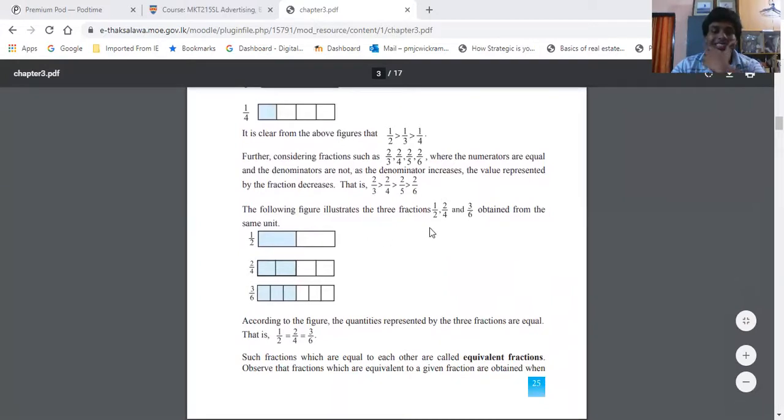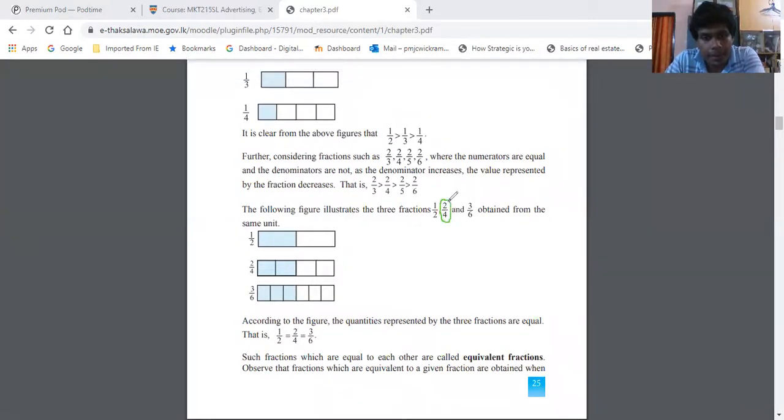They're explaining how it's happening. The following figure illustrates three fractions: half, 2/4, and 3/6. Here they have simplified. If you simplify 2/4, simplify meaning both these numbers can be divided by 2.